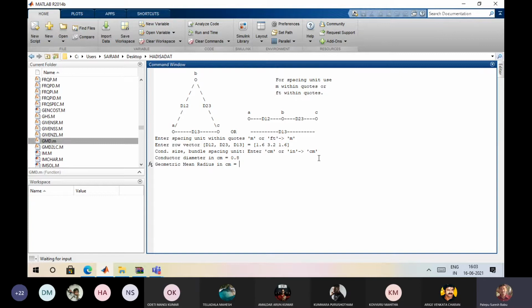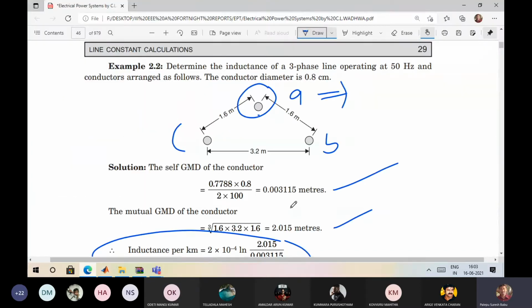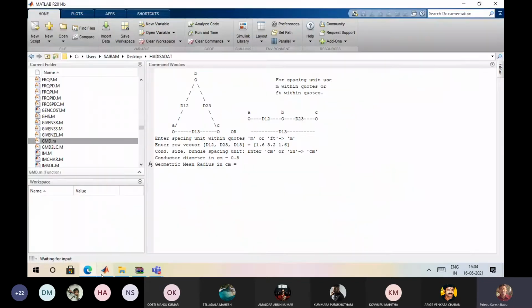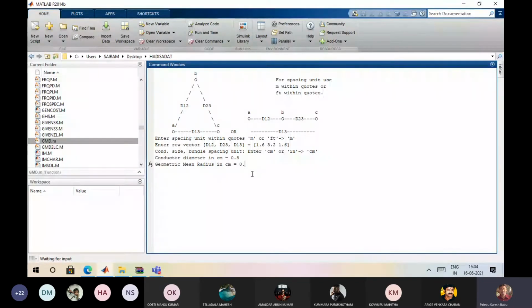We multiply 0.4 by 0.7788, which gives 0.31152. This is in centimeters.